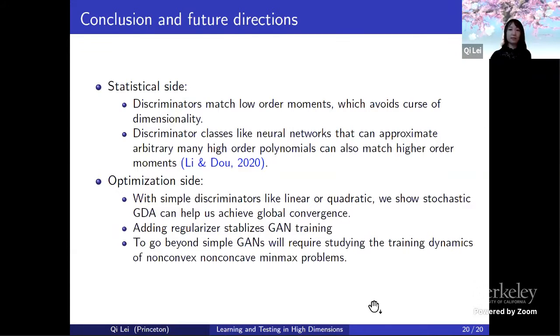Yeah, so on the statistical side, it's definitely hopeful and it's already done, as here, Li and Dou actually showed it for a one hidden layer generator model. So it's in the same vein of matching higher order moments. But on the optimization side, it might be hard.